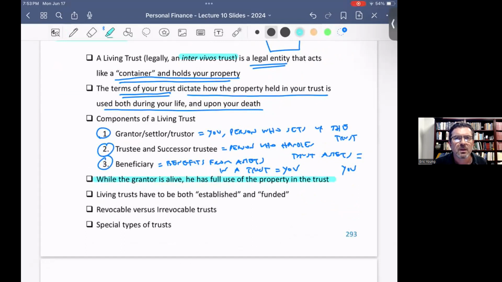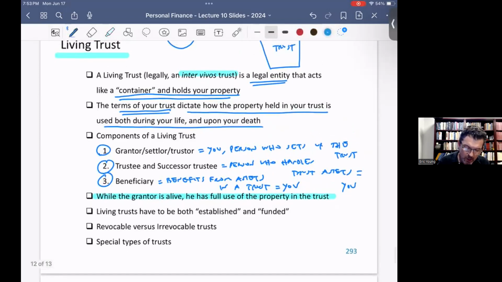So you say, well, then why do I want this? Well, here's the reason. As soon as you die, once you die, you're no longer the trustee or the beneficiary. A successor trustee who you name in your trust takes over the trust. And that trustee distributes all your assets to the beneficiaries that you lay out in the trust.